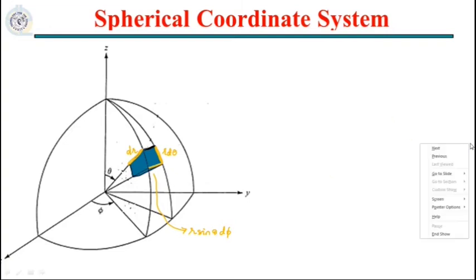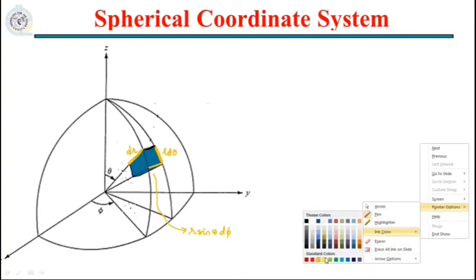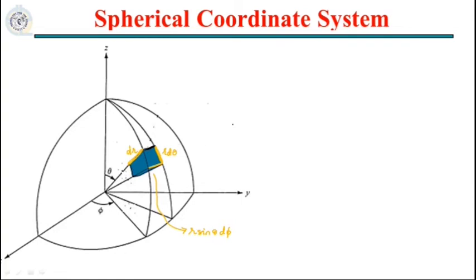So let's consider one face at a time and work it out. Okay, so let's consider the front face. I'm going to highlight it. This is our front face. What constant plane is this? It's an r constant plane because the radius remains constant. Okay, so let's call this surface 1.